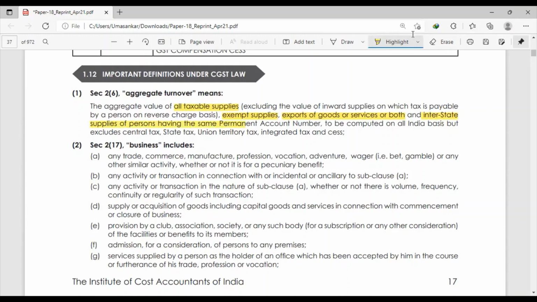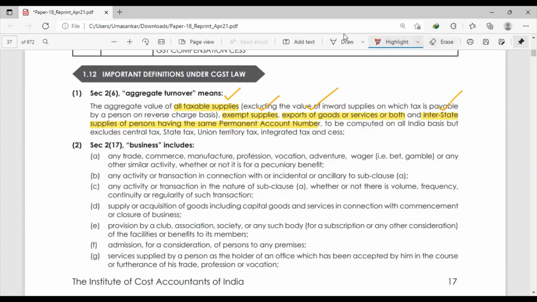Of having the same PAN number, that is in stock transfer. So we need to consider all taxable supplies, all exempt supplies, all exports, all interstate supplies. So these four things need to be added to get aggregate turnover. But what do we need to exclude in this?